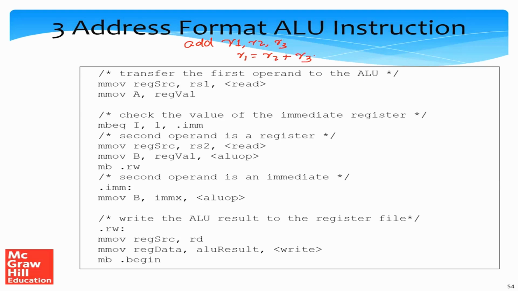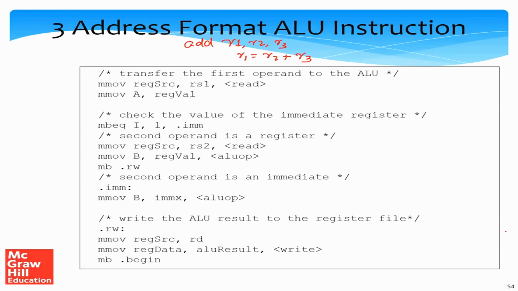So what we do is that we first read all the values, we transfer them to the ALU, and then we perform the ALU operation. So the first step is we need to read the sources of the ALU operation, which in our running example is an add operation, but it can be any 3 address format ALU instruction. Then we do the ALU operation and we write the result back.